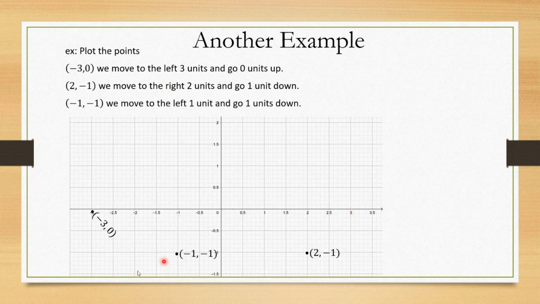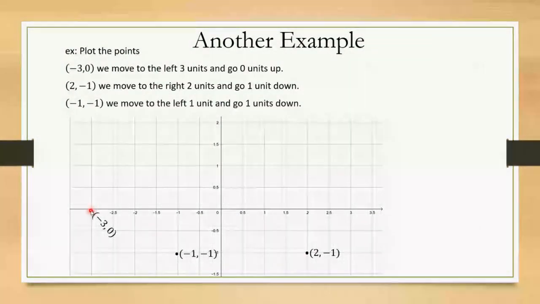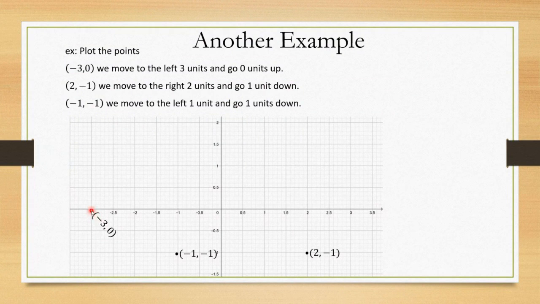The x-axis is always horizontal. So we go 3 units to the left. We locate -3, which is over here. But since the y coordinate is 0, we're not going to move up or down at all. We're staying on the x-axis. We go 0 units up. So we stay where we are.